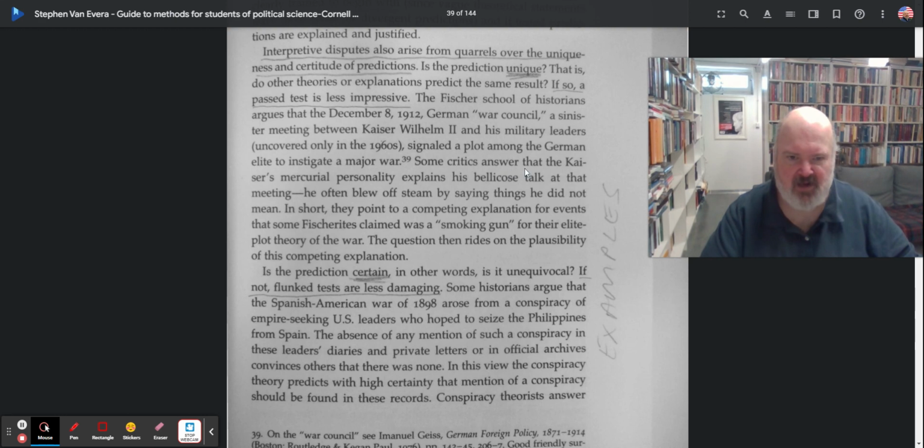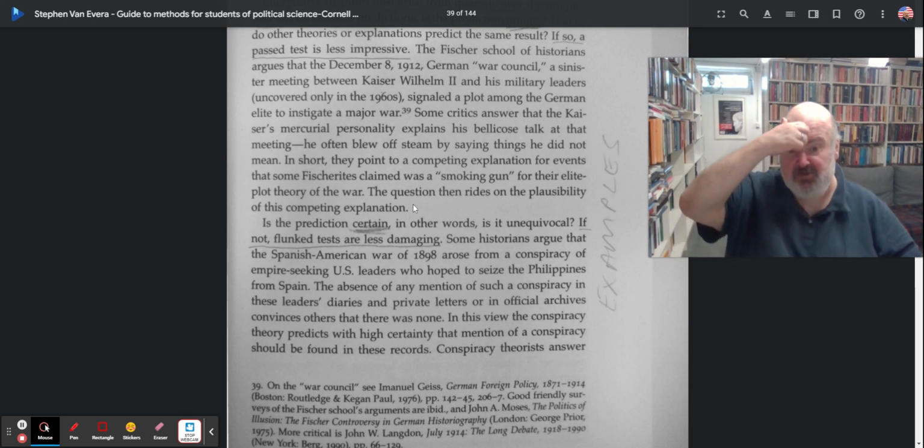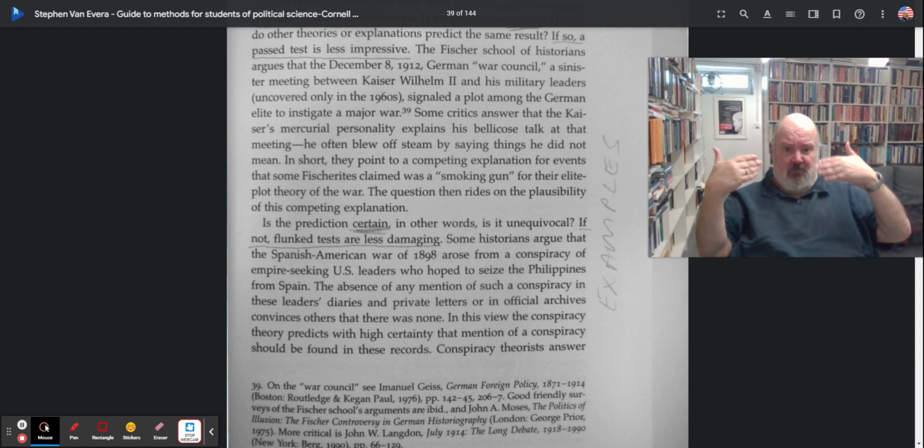Some critics answer that the Kaiser's mercurial personality explains his bellicose talk at that meeting. He often blew off steam by saying things he did not mean. In short, they point to a competing explanation for events that some Fisherites claim was a smoking gun for their elite plot theory of the war. The question then rides on the plausibility of this competing explanation. So in other words, we have a debate about this question.